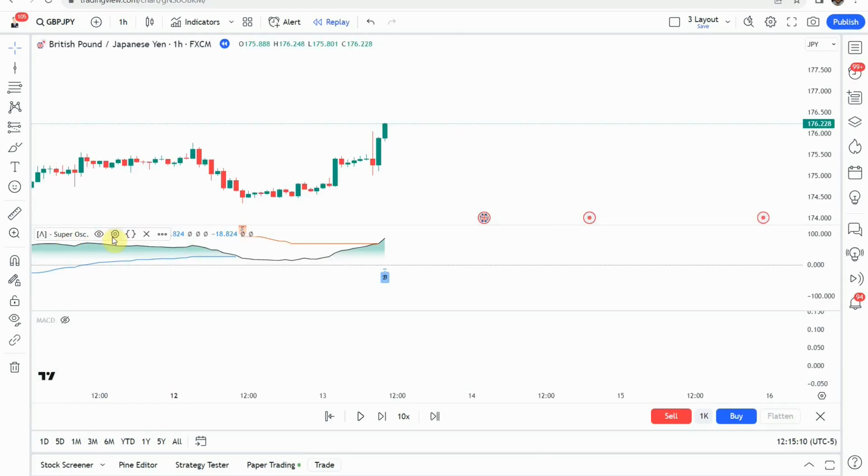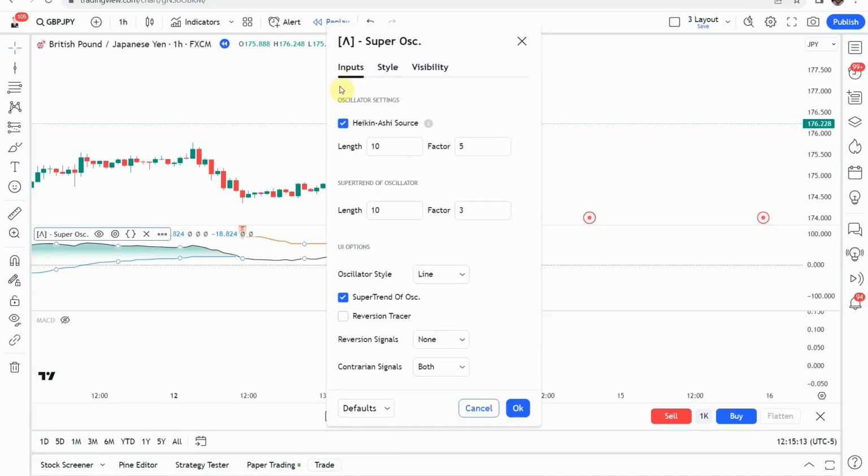So once you have it on screen, go into the settings, and under the inputs, you're going to make a few changes. Make sure that these lengths and factors are the same as they have here. The oscillator style will be line, not candles, and you will turn off the reversion tracer. You'll make sure the SuperTrend of oscillator is checked on.